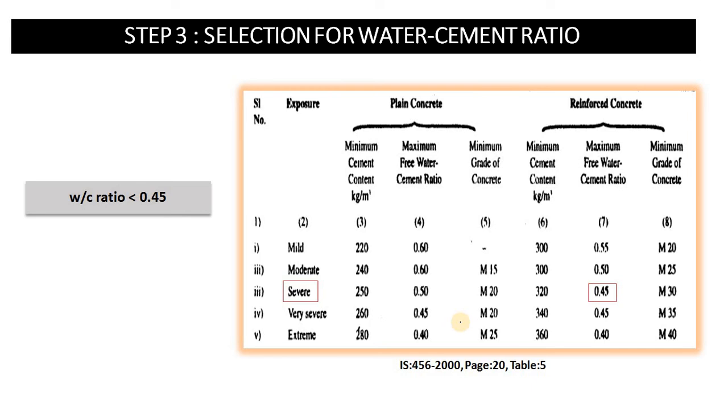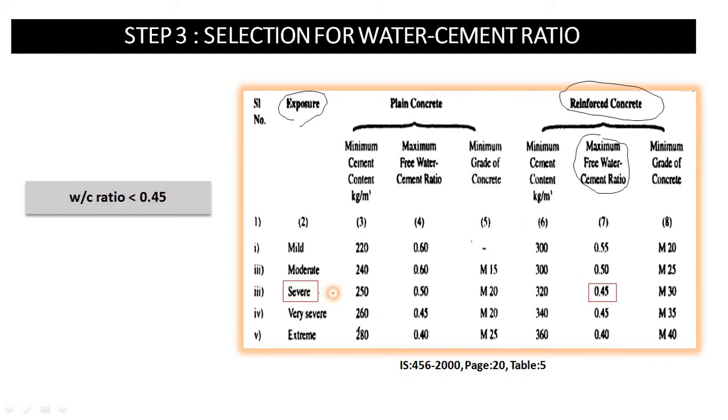For checking water cement ratios we have to move on to the IS 456 2000, page number 20, table number 5, where you will have the column of the exposure. Then we have to see the reinforced concrete column. In our case it is severe, and in reinforced concrete column we have to see the maximum free water cement ratio.